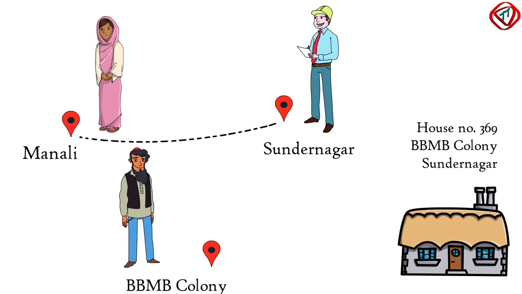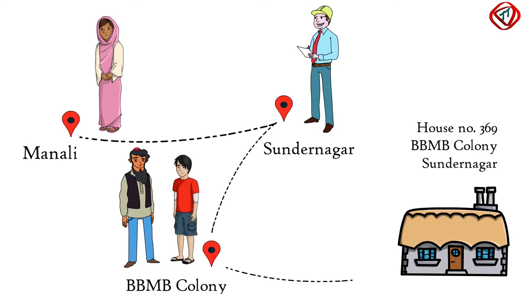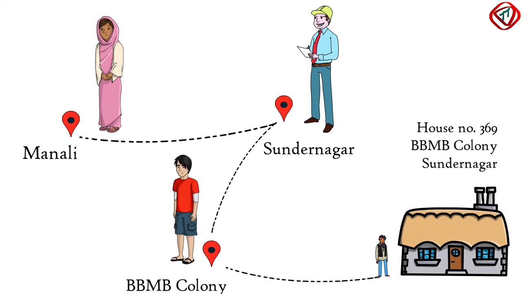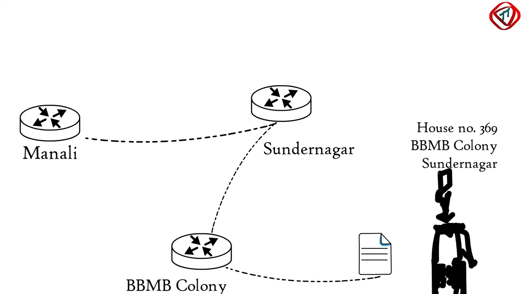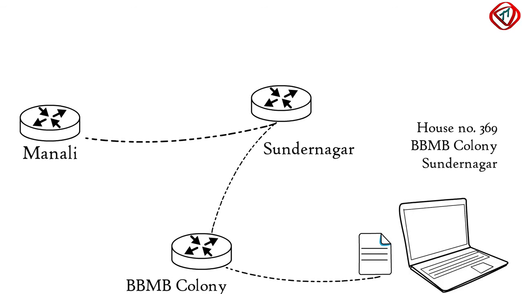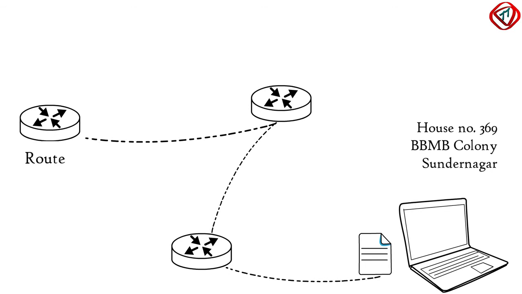Once you reached there, you asked a boy for house number 369. Finally, you reached your destination. In a network, data packets move in the same way. Replace yourself with a packet, the woman, man and boy with routers, and the house with a host. Like you reached your destination with the help of people and the information they have, in computer networks, the packets reach their destination with the help of routers and the forwarding tables they have.